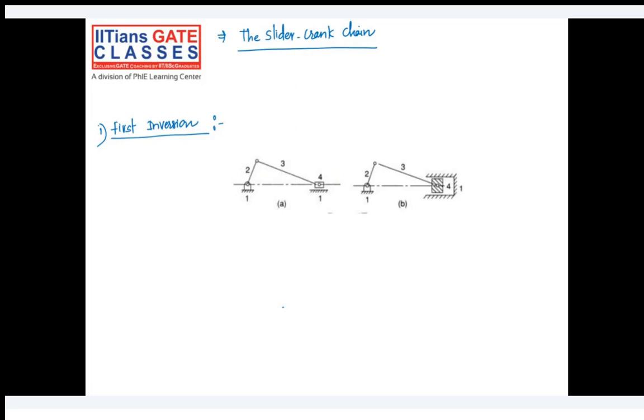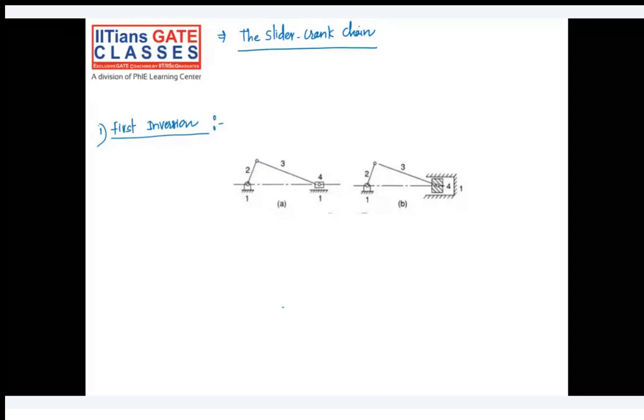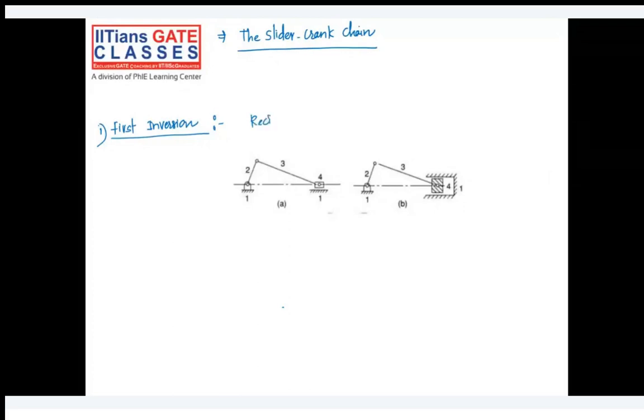So link 2 is crank, 3 is here connecting rod, and link 4 is slider, and link 1 is our guideways and support system, fixed support system, which is fixed.